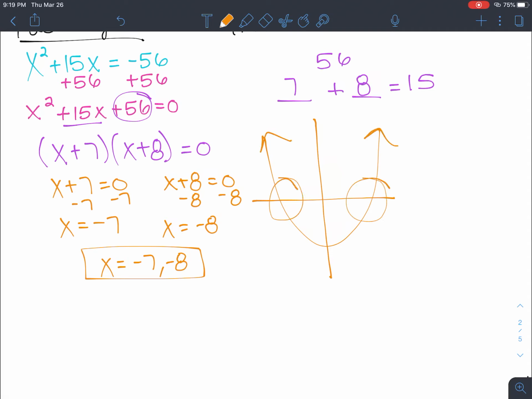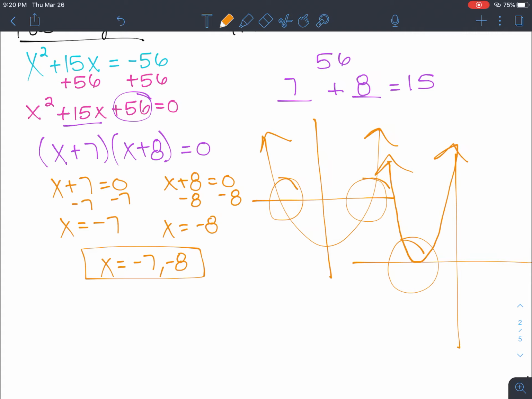So if you can see, this graph does not represent this equation, but I'm just showing you like a standard. This one has 2 solutions because it crosses the x-axis twice. Ones that only have 1 solution are where it just comes down and taps the x-axis and goes right back up. So this one only has 1 solution, which can happen. It does happen, just not in the problem that we just did.